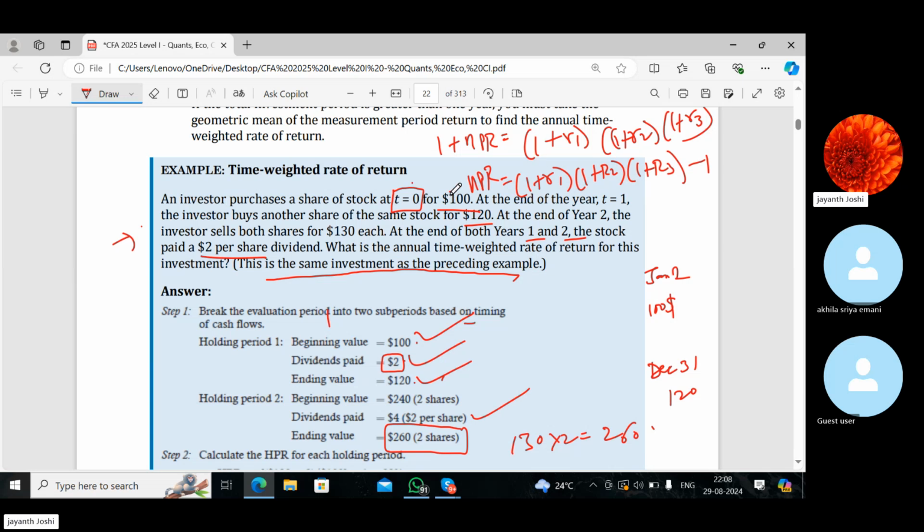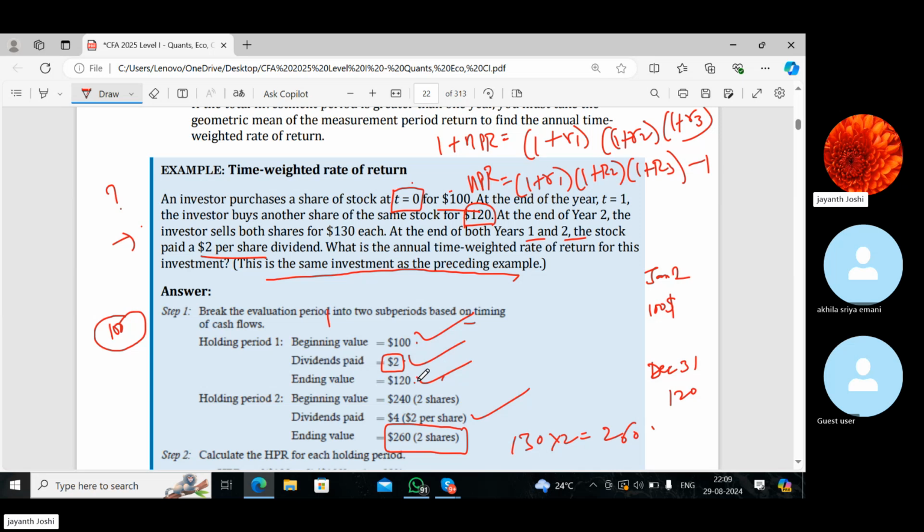That means the market value of this 100 has become 120 almost at the end of the year. You understood? Yes, understood. So this particular line shows us that the stock which is bought for $100 at the beginning has become 120 at the end of the year because he's buying at 120.